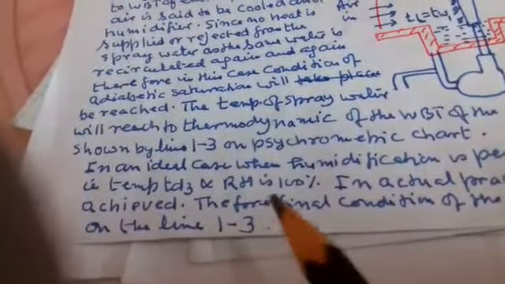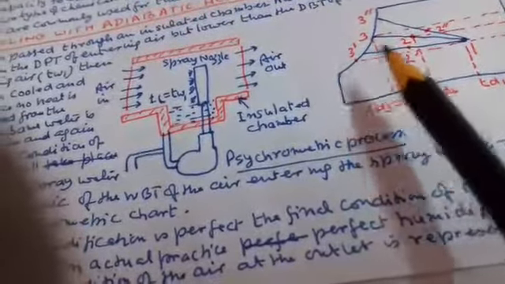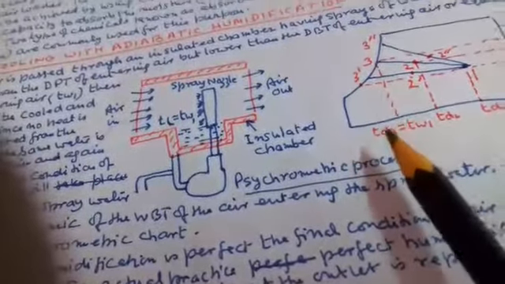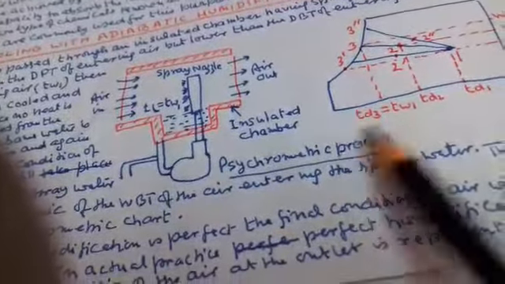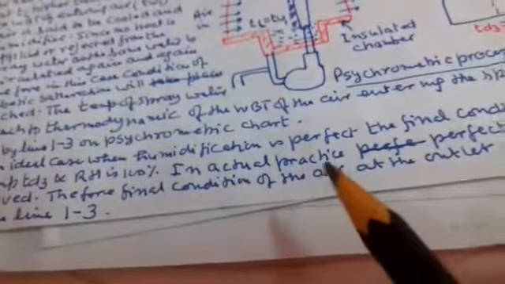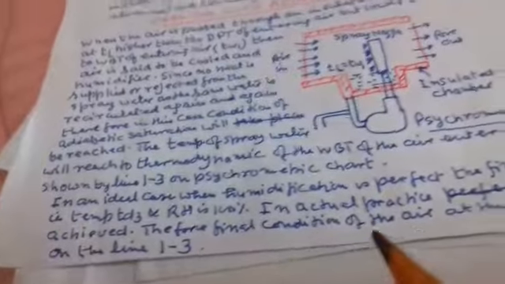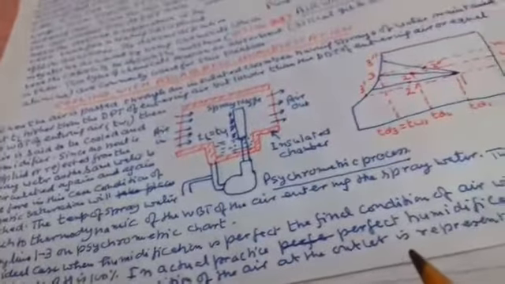In actual practice, perfect humidification is never achieved. Therefore, the final condition of the air at the outlet is represented by point 2 on the line 1-2. See now what is happening over here: from 1 to 3 is the ideal case, perfect humidification at 100% RH, but we never get the perfect point 3.